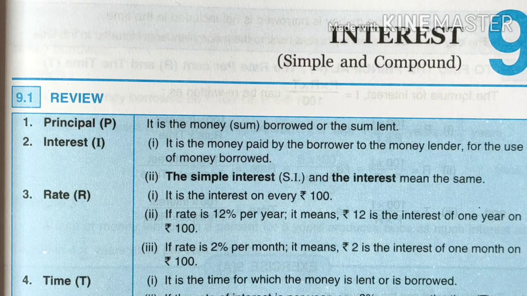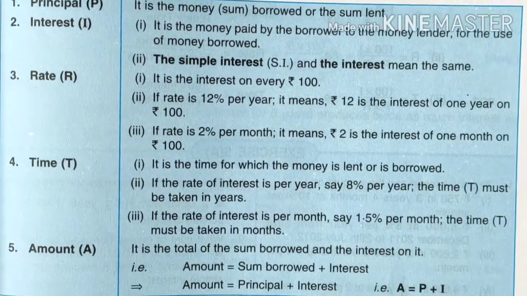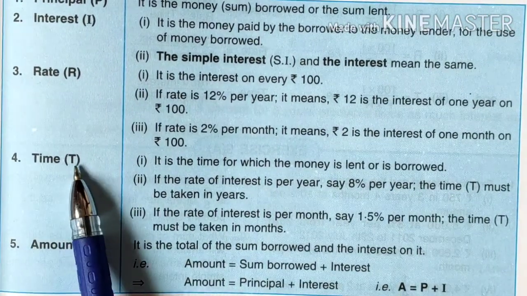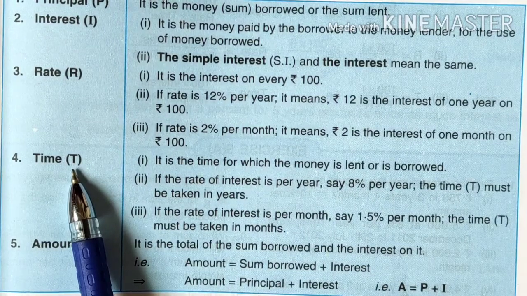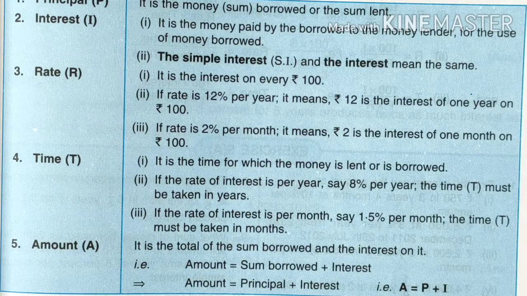Okay, we already learned rate of interest and percentage in the previous classes, and in this 8th standard as well. Then next is the time, which is indicated by capital T, meaning for how much time we have taken the loan amount from the bank.